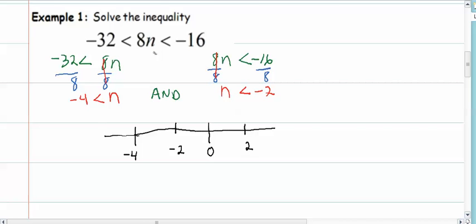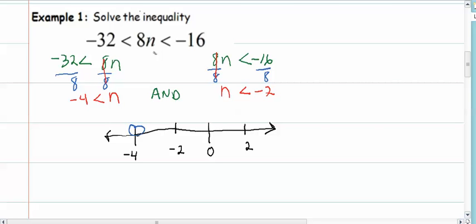The number line goes on forever. Just like we did with inequalities, we're going to look at this one right here. We have negative 4 is greater than n. So where do I start? I start at negative 4. Is it open or closed? It's going to be open because there's no line under it.